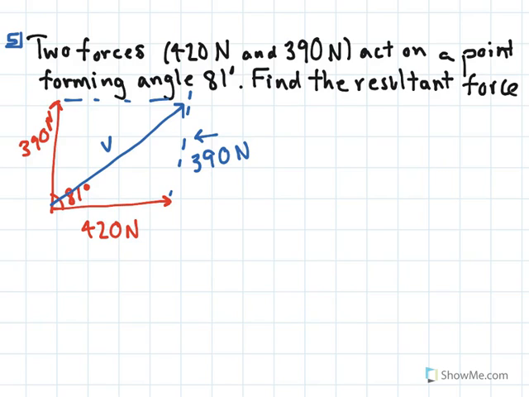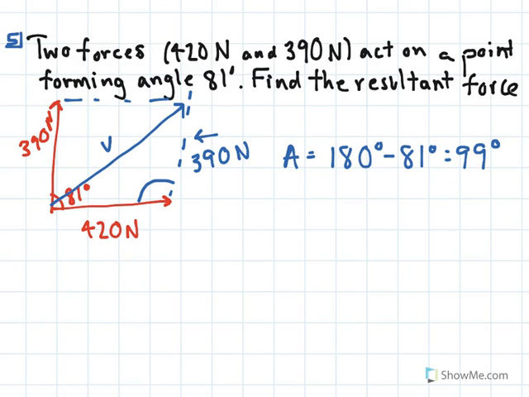So if we remember, adjacent angles in a parallelogram have to sum to 180 degrees. So we can find this angle here by subtracting 81 from 180. So we find that that angle is equal to 99 degrees.